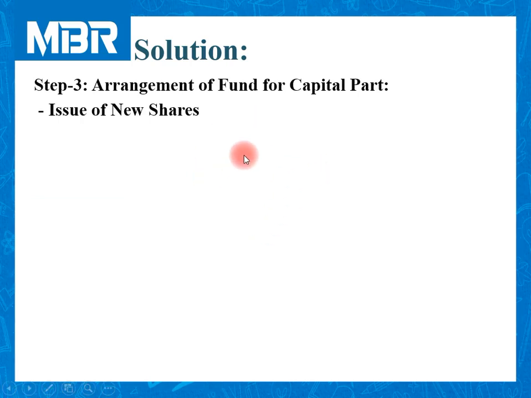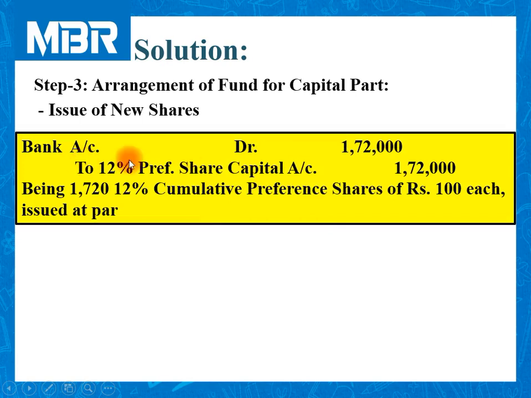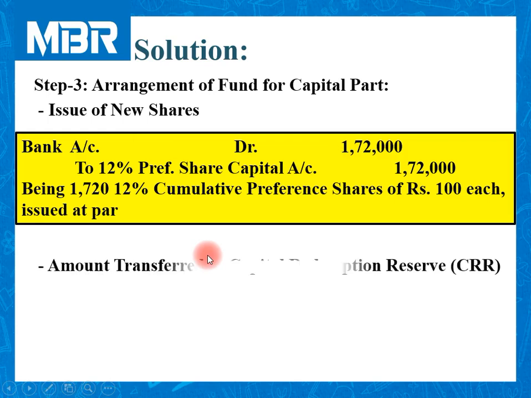Issue of new shares: Bank account debited rupees 1,72,000 to 12% preference capital account 1,72,000. For your reference, I have also mentioned the narration of the transaction.